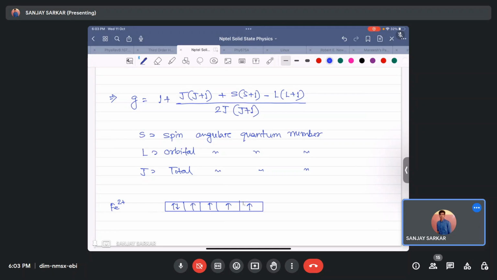And for d orbital, it is -2, -1, 0, 1, 2. These are the L values. So for total S, how many electrons are unpaired here? 1, 2, 3, 4. So 4 into spin half, so total spin S is 2.